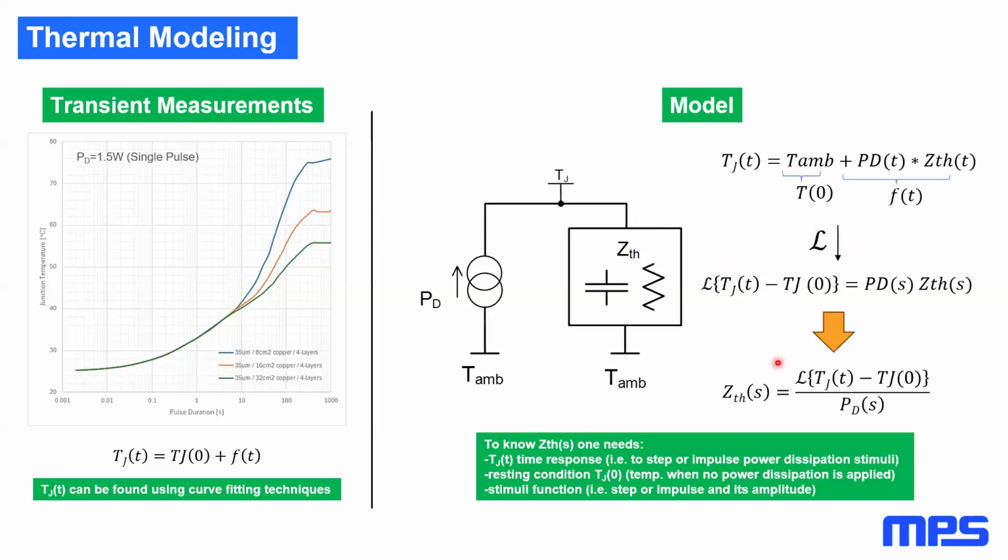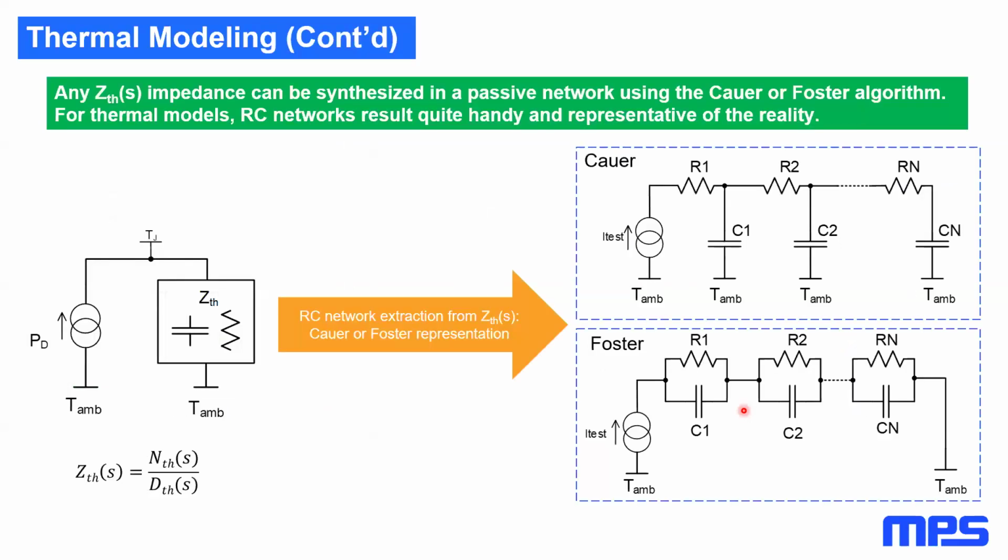The thermal impedance in the Laplace domain can be eventually calculated as the ratio of output, that is the junction temperature, to the input, that is the power dissipation of the system. This Laplace transfer function is very practical, for example, for synthesizing the thermal impedance as a cascade of resistors and capacitors.